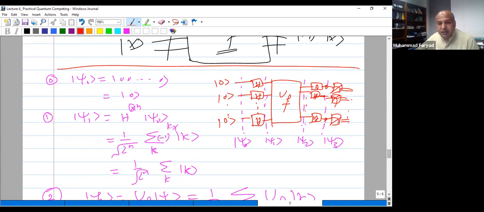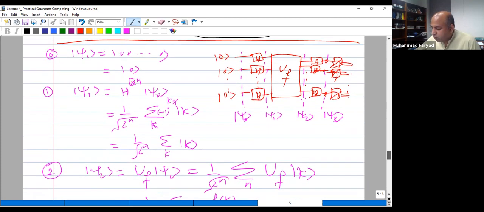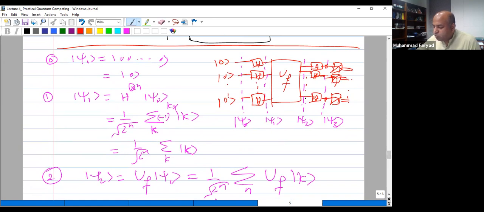So we are now saying that with just one query of this function, we are able to measure whether the function is constant or balanced. So it means that we have an exponential speed up in reference to the solution of the problem. This is a problem that classically requires n queries, which is 2 power n. Quantum mechanically, I only require one query. So this is exponentially faster than 2 power n.